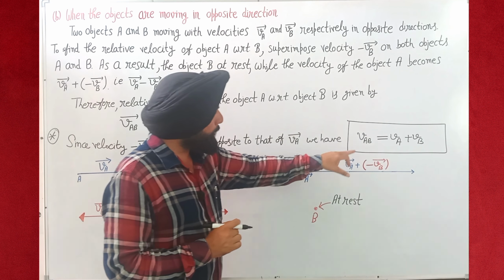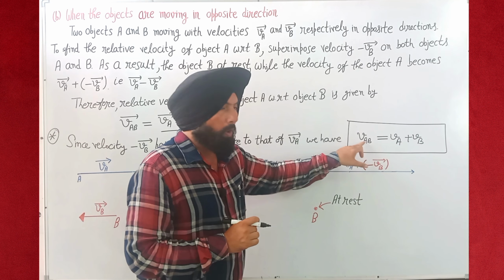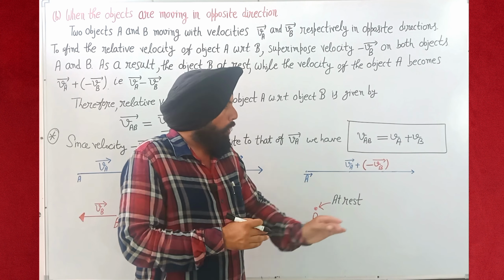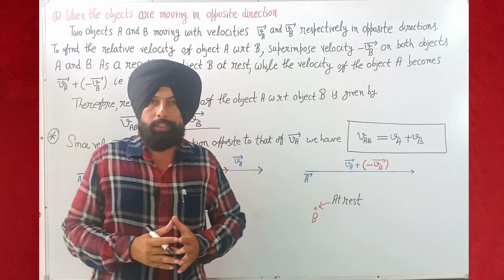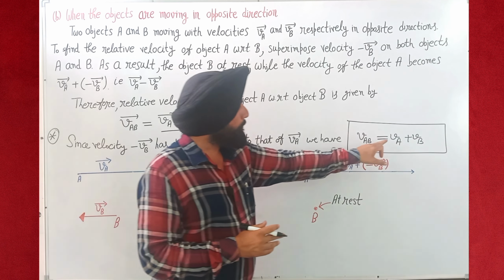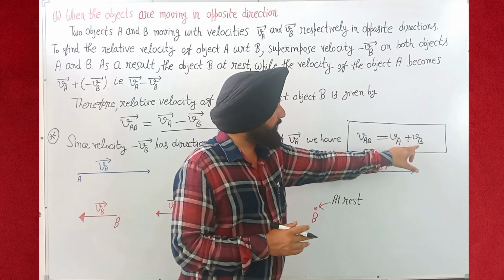So in magnitude, VAB, the relative velocity of object A with respect to B, becomes VA plus VB.